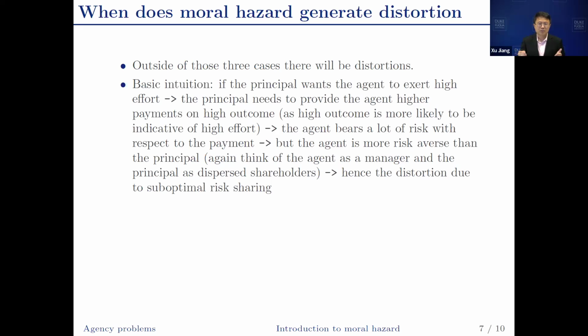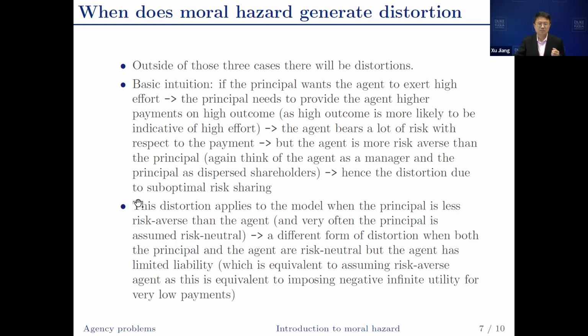And if the agent is more risk averse than the principal, then there is distortion because of suboptimal risk sharing. If the agent is more risk averse than the principal, then it is the principal rather than the agent who should bear more risk. In an extreme case, if the principal is risk neutral and the agent is risk averse, then the principal should bear all the risk and the agent should bear none of the risk.